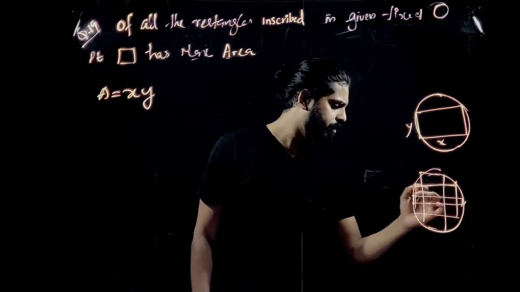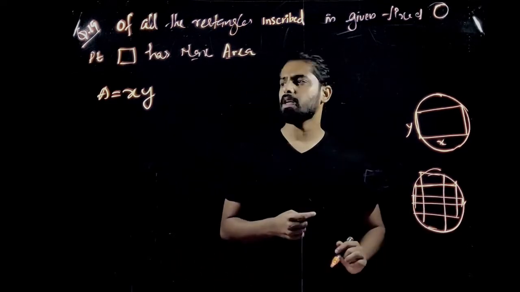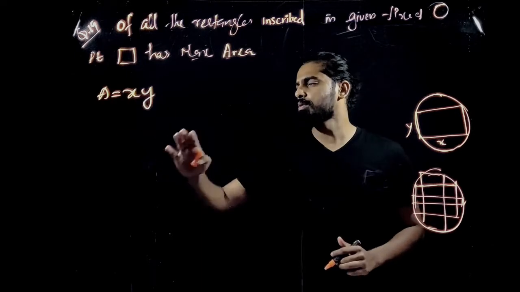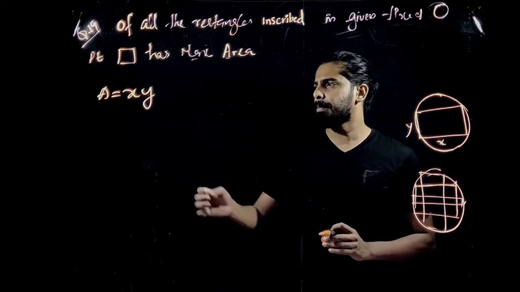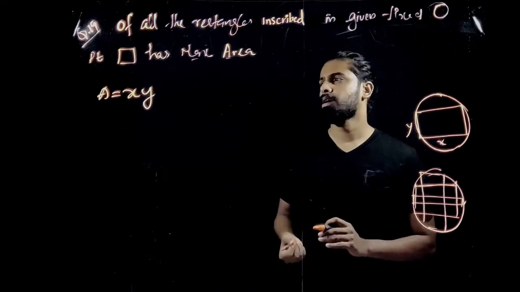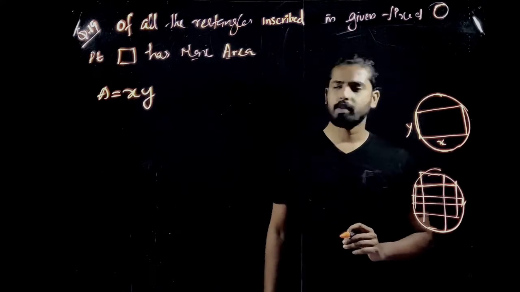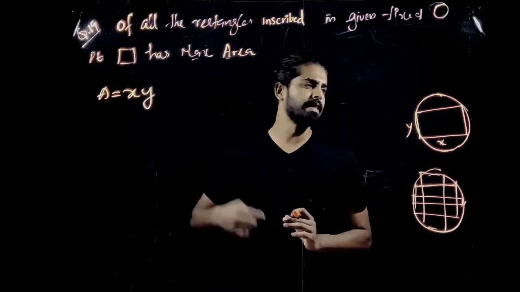If length changes, the breadth also changes. Okay. So we need to derive this function in the form of f of x. That means either we have to eliminate x or y.